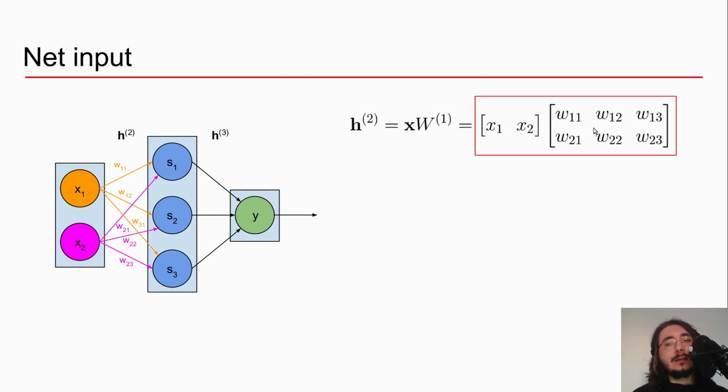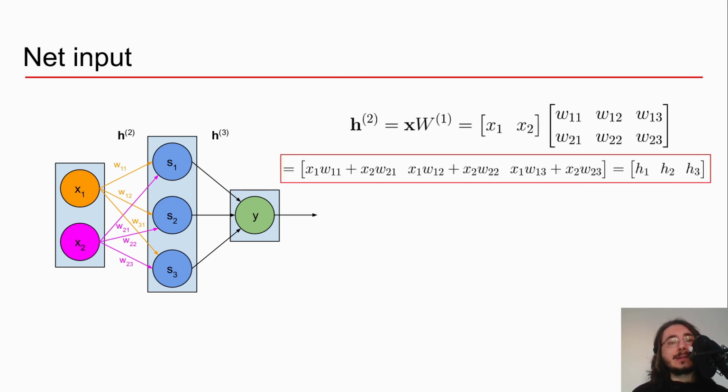And we can rewrite this equation like this. So we have a row vector x1, x2, which is basically the input vector. And here we have our nice weight matrix. Now, if we perform the matrix multiplication there, we get a three-dimensional row vector, where the first element, x1 w11 plus x2 w21, is the net input h1.